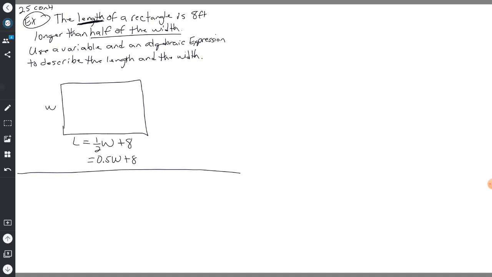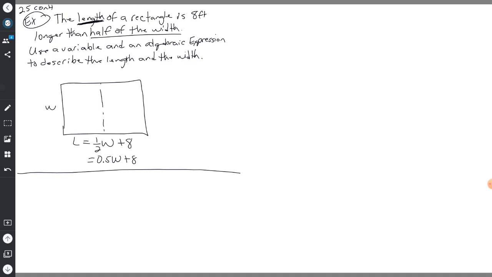So what I did visually was on the graph, I cut halfway between on the width, and I pulled down on the length. I made a marker to represent X on the length, and then I did plus 8. Tell me again what you did.